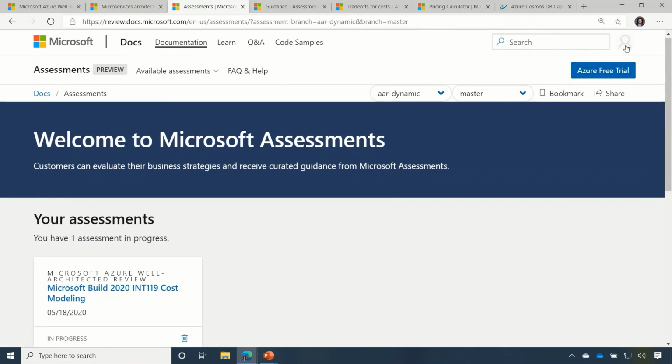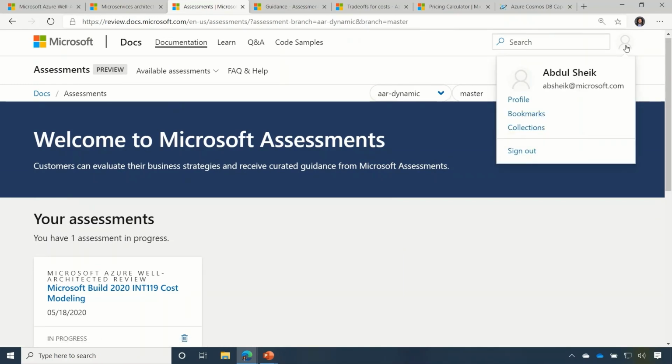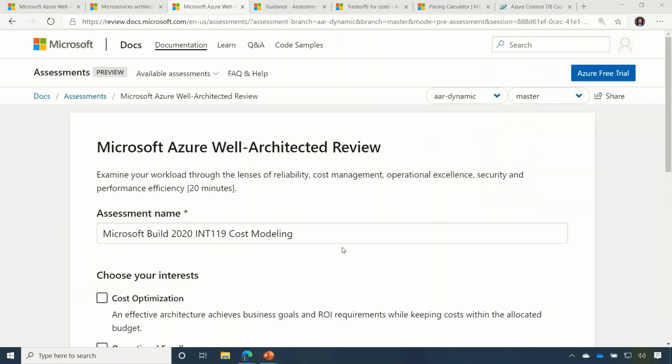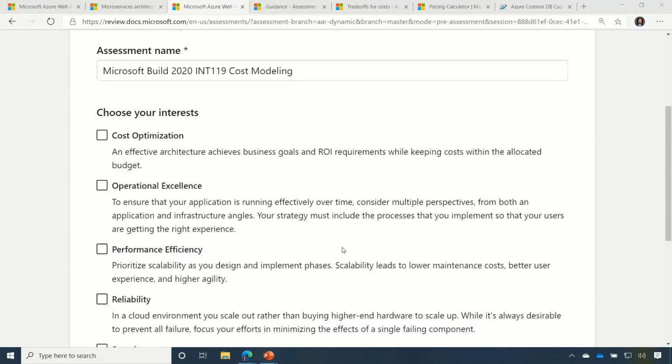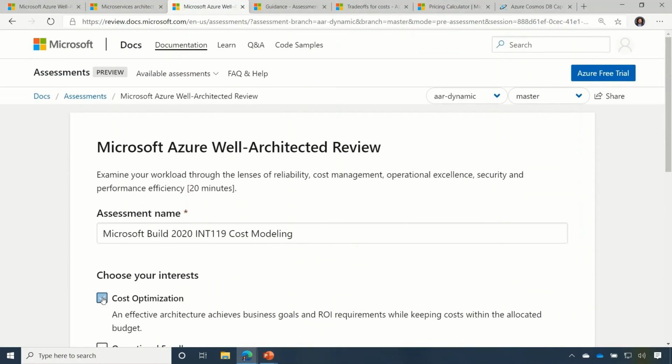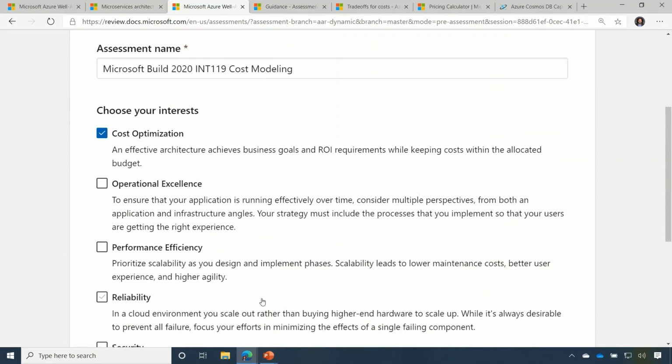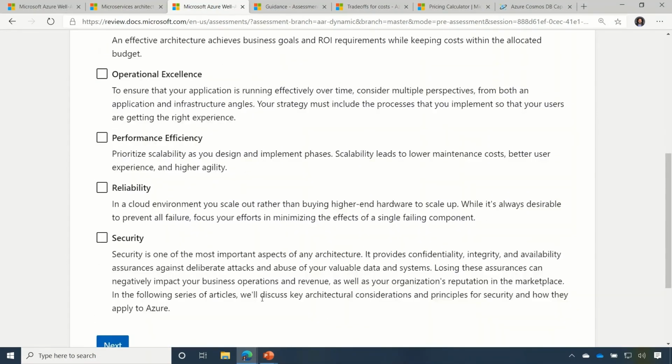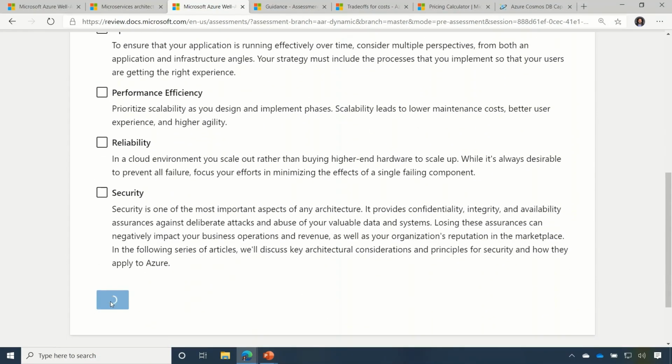You have an option of signing in and persisting your reviews for capturing progression of your workload characteristics over time. I'm already signed in, and I will choose just cost for this demo, but you can select multiple pillars for your review simultaneously. For the questions in the assessment, please answer them as fully as you can.